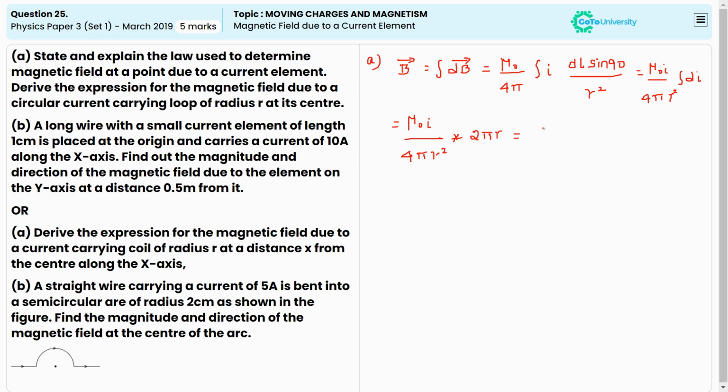We'll get the value mu naught I divided by 2r. Okay, then this is the first case.